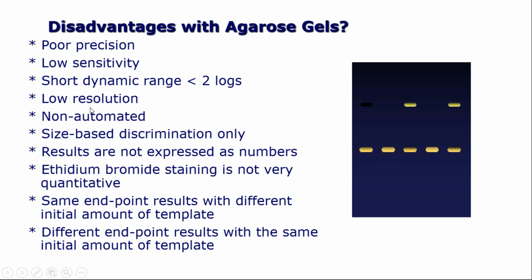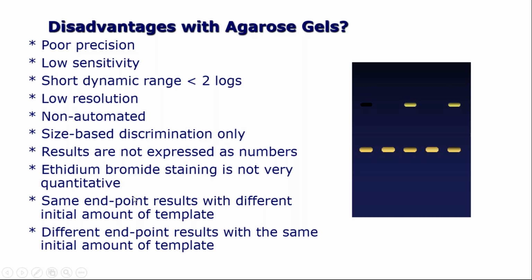There is low resolution. It has to be done manually. It cannot be automated. It is based only on the size, as we have seen, and the results cannot be expressed in numbers. It can only be yes or no. Ethidium bromide is used for staining. It is carcinogenic, and also it is not very quantitative.